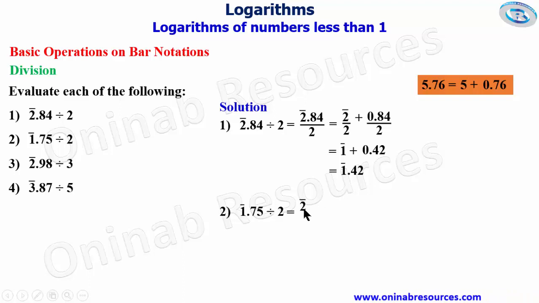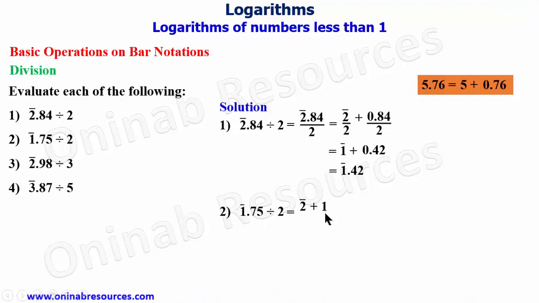So we have it as bar 2. Remember, we have bar 1 here, and here we are taking it as bar 2. So the manipulation is add a number to this bar 2 to make it bar 1, and that is 1. Because bar 2 plus 1 is expanded as minus 2 plus 1, which is minus 1. So we add the 1. This means this bar 2 plus 1 is giving us bar 1.